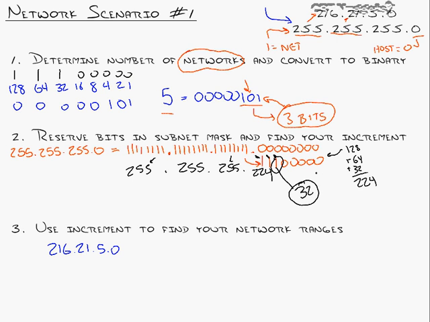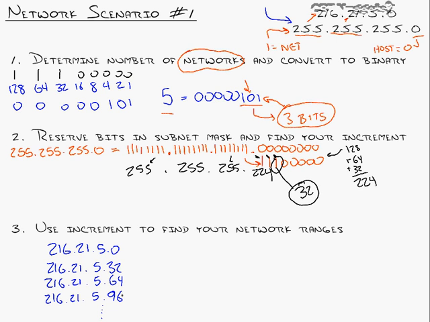Now my increment right here, this 32, is in the 4th octet, so that's where I do my addition. 216.21.5.32. 216.21.5.64. You can see all I'm doing here is adding my increment. 216.21.5.96. That's 64 plus 32. And so on and so on and so on we go.